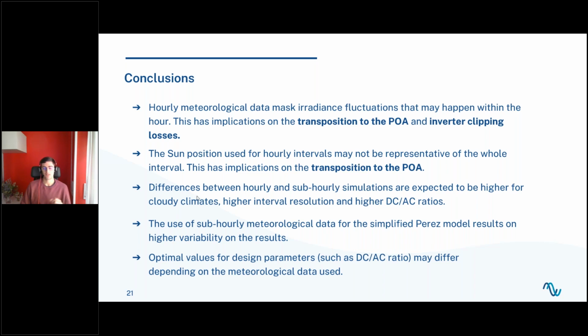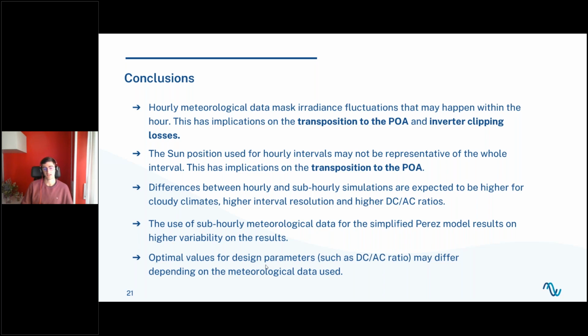Then that we expect to have higher differences between sub-hourly and hourly simulations for cloudy climates, higher interval resolutions, and higher DC-AC ratios. Then the fact that the use of sub-hourly meteorological data for the simplified Perez model will result in higher variability on the results, as we just saw with peaks and down peaks.